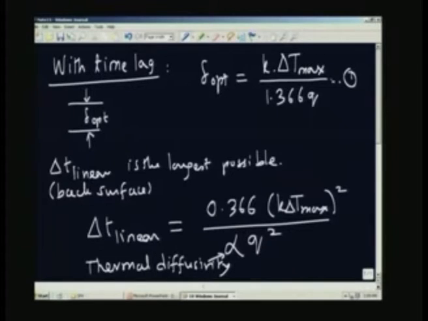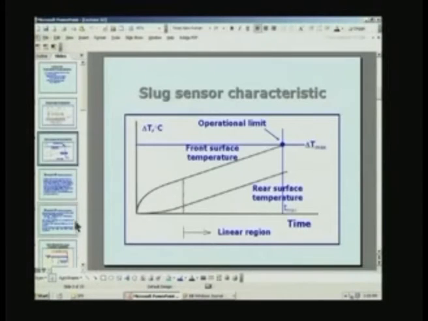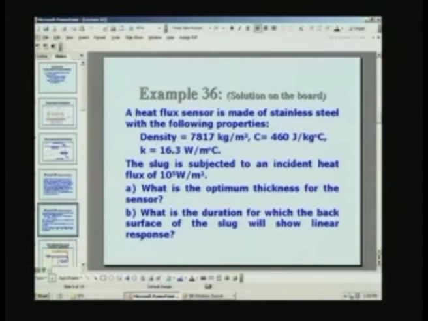Again, a very simple problem can tell us what is going on. So I will just go to the problem, example 36. We have a heat flux sensor which is made of stainless steel in this case, and the properties of stainless steel are specified here. Density is 7817 kilograms per cubic meter, specific heat is 460 joules per kilogram degree Celsius, and the thermal conductivity is 16.3 watts per meter degree Celsius.